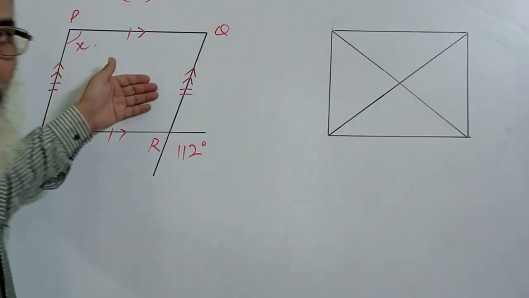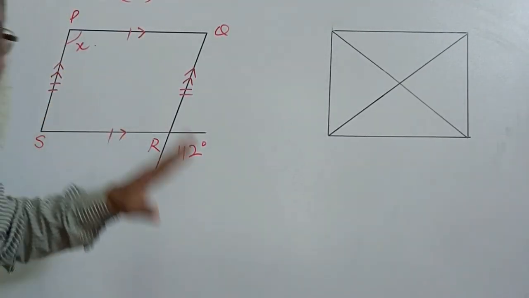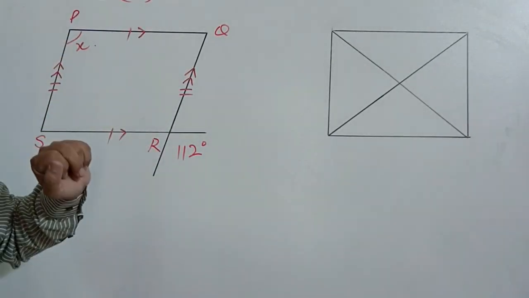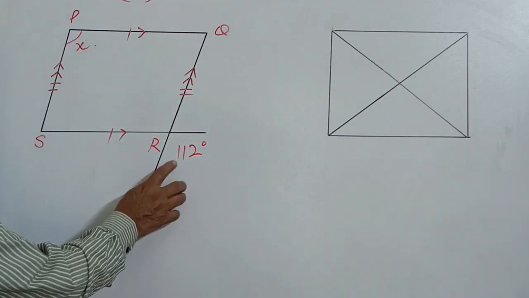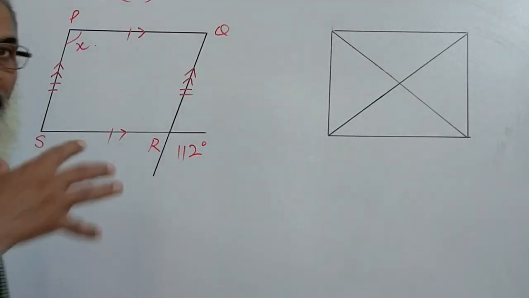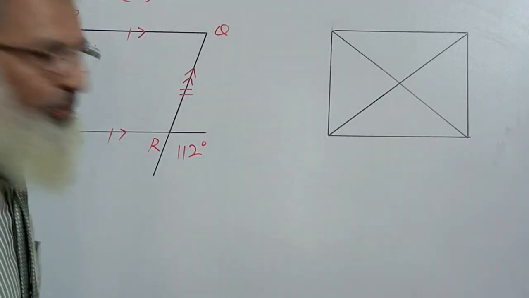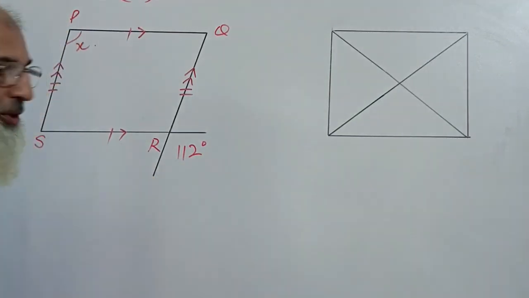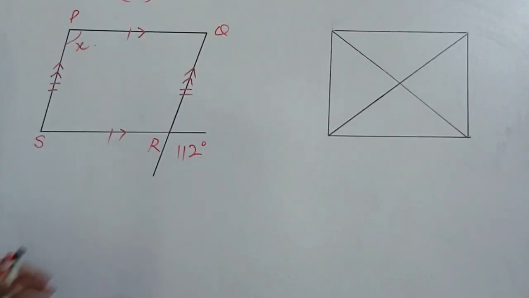We have already studied in our definitions and properties of the parallelogram that the opposite angles are equal. Now in these questions you have to give the reasons also, the arguments also. Now you see this is 112 degree, and this outer angle is 100.